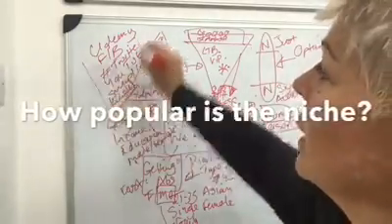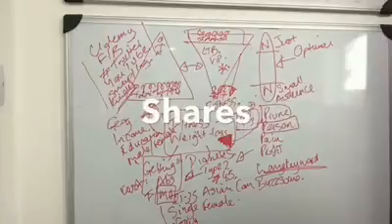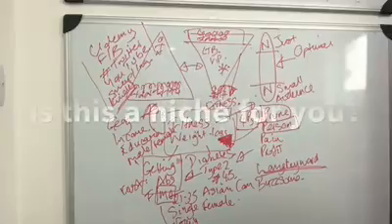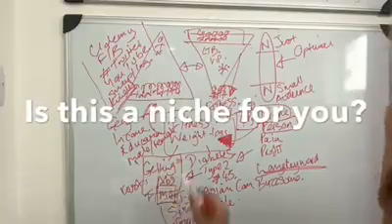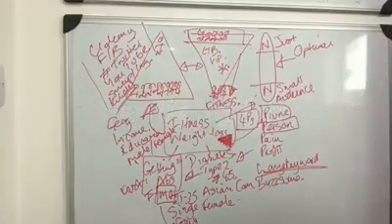Seeing how popular a niche this is, what the level of competition's like, what the shares are like, what your potential long SEO words would be like, to help you establish whether this is a niche you should be getting into, getting abs fast, for example.